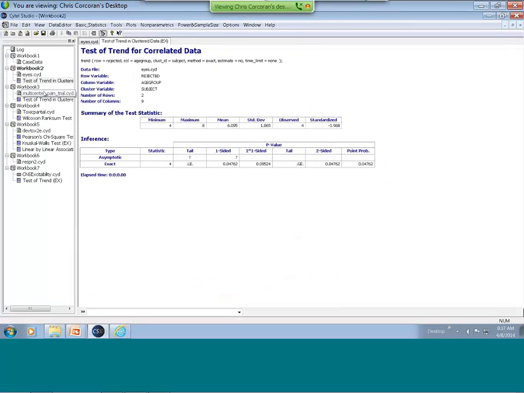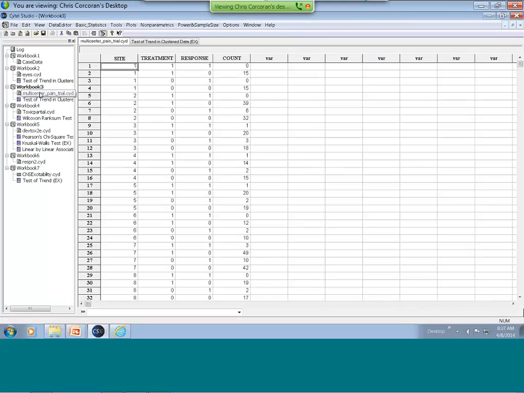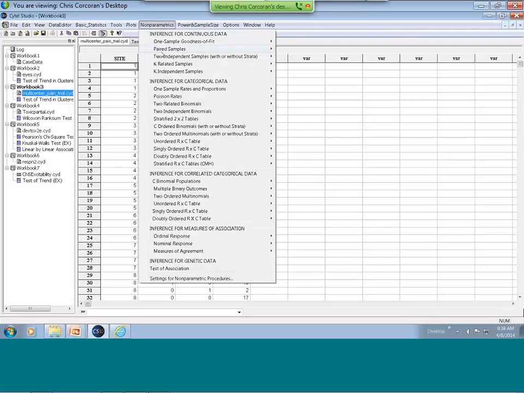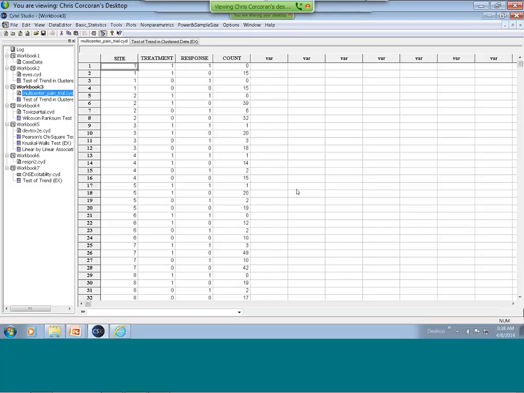And so here, I've opened these data in this window. And this test actually takes a little bit more time. If I were going to run it from scratch right now, I've already actually run the test and obtained the result.